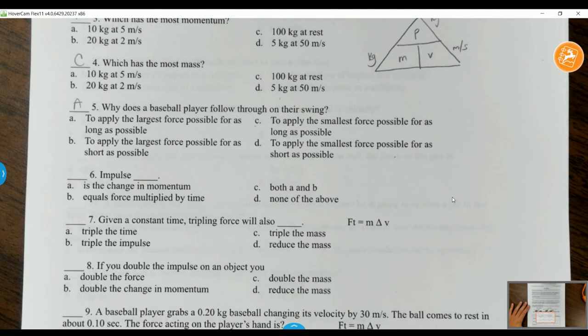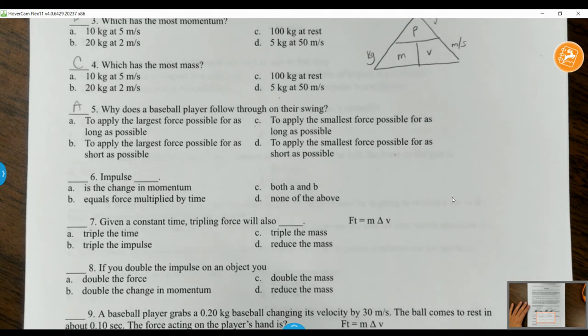So impulse. Impulse is equal to the change in momentum of an object. So it is letter A, but it's also equivalent to a force multiplied by time.